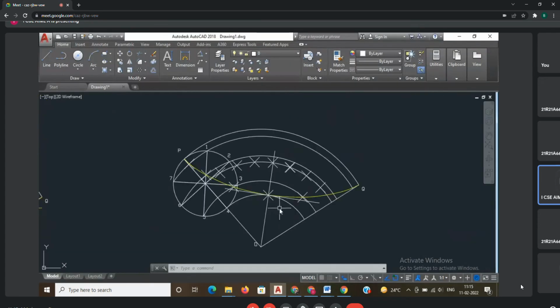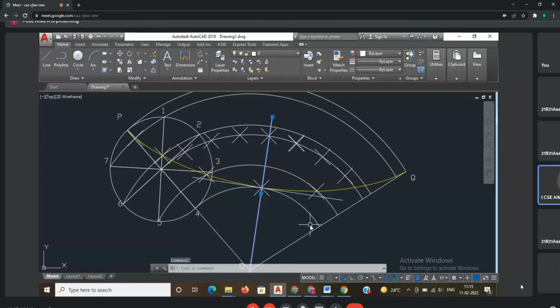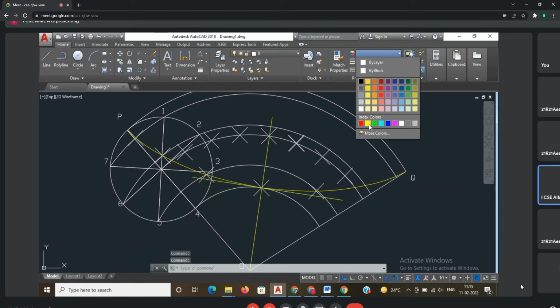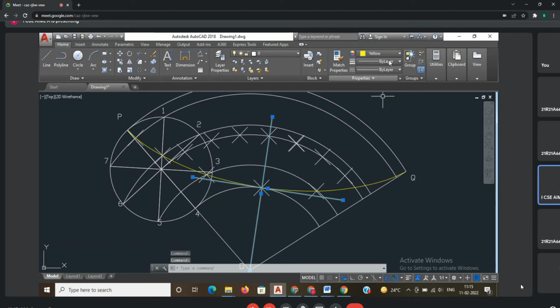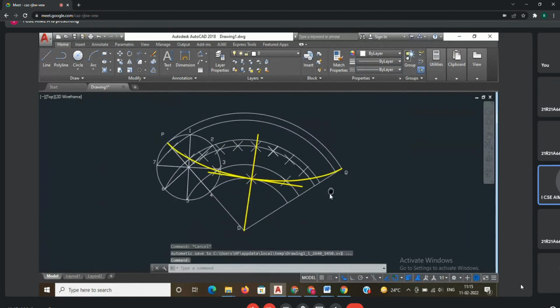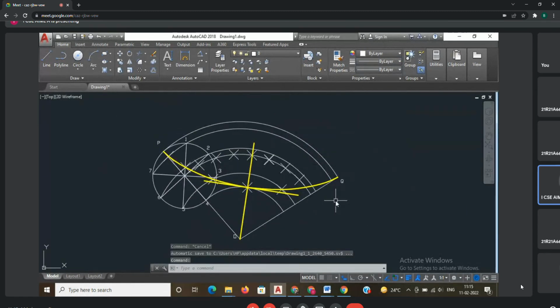Now see, with one step I have drawn the tangent and normal. Now this is my tangent and normal. This is also my tangent and normal. Select this. Now, when you have to do it like that, there are two methods.